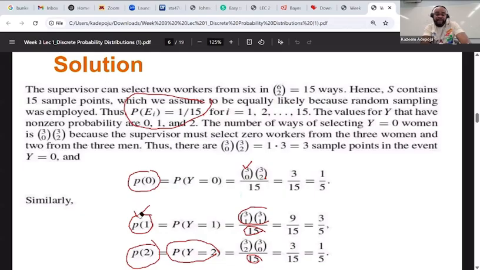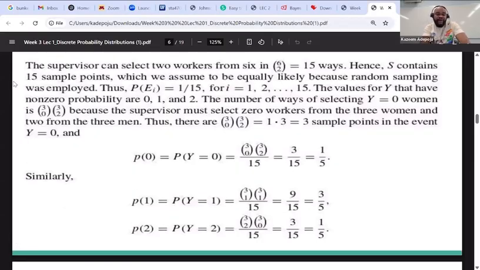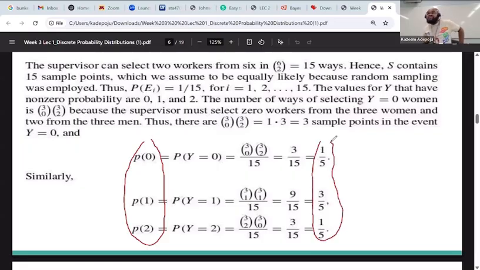If you don't understand, ask a question. For each value of the random variable 0, 1, 2, I've been able to find the probability associated with it. That's what I've been able to find.